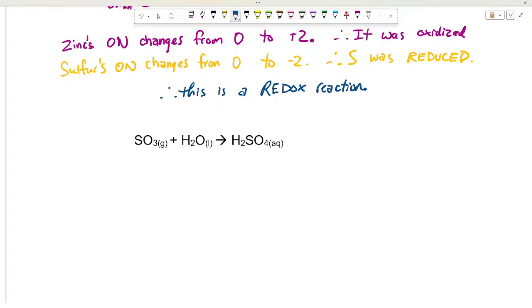What is the oxidation number of sulfur here? Well, each oxygen is -2, and there's 3 of them for a total of -6. The whole thing has a charge of 0, so it has to add to 0.